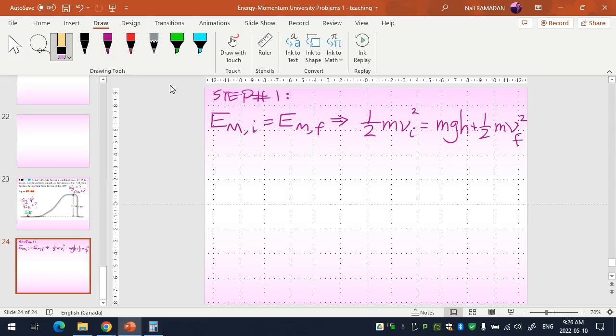Did they give me the mass of the combined sled and person? Do I really need it? Nice. Could I cancel it every single time? You see, it's weird. Sometimes they don't give it to you and you still cancel, and sometimes they give you the number and you can simplify your math without even using it, as long as it appears everywhere. All right, so cancel, cancel, cancel.